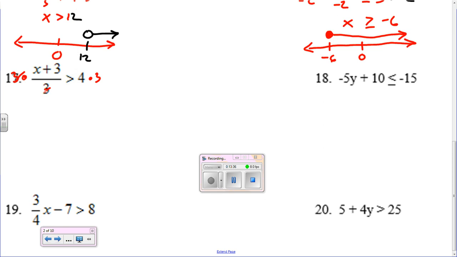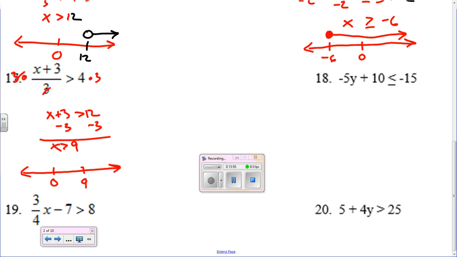So it becomes times 3 there. Now you have x plus 3 is greater than 12. Subtract the 3 over. x is greater than 9. Open circle, shade to the right.